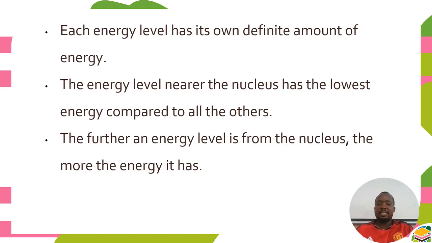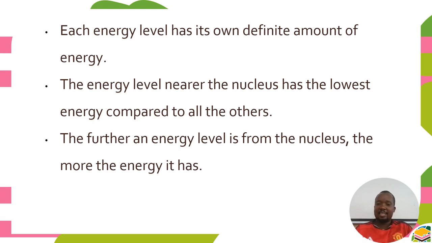So each energy level has its own definite amount of energy. They have a certain amount of energy which is associated to them. The energy level near the nucleus has the lowest energy compared to all the others.